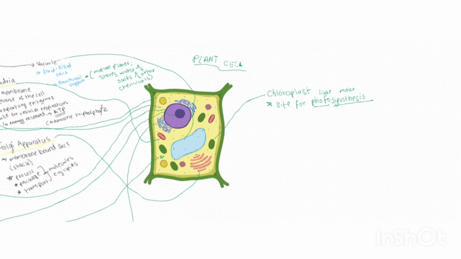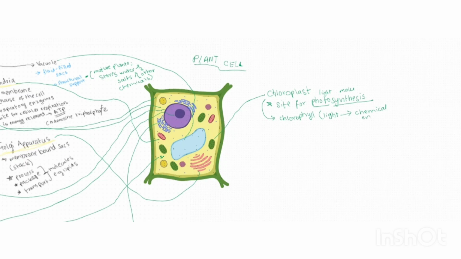So inside the chloroplast is a structure called the chlorophyll. Let's write it down. The chloroplast is like the house of the chlorophyll. Inside the chloroplast is the chlorophyll, which turns light energy into chemical energy.